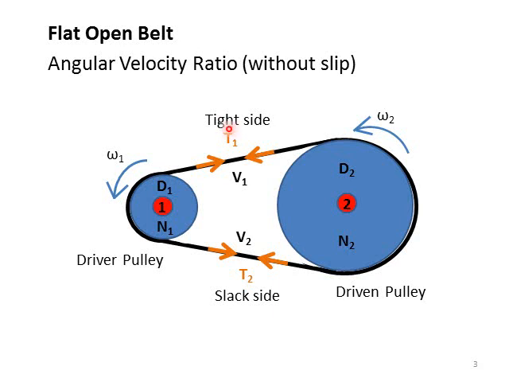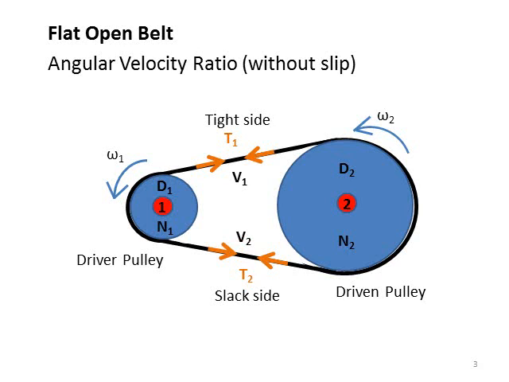And T1 is defined as tension in the tight side, and T2 is defined as tension in the slack side. Similarly, V1 is the velocity of the tight side, and V2 is the velocity of the slack side.